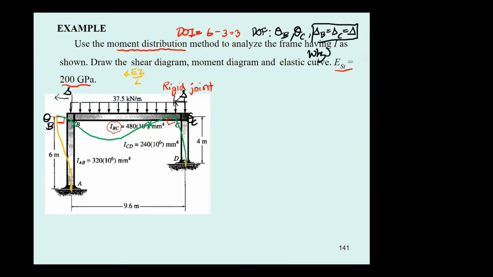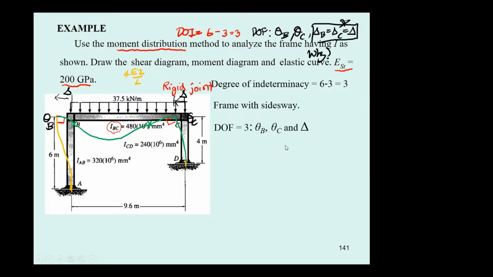Why are they equal? Because the axial deformation of the beam and the column in this analysis is very small. When it's very small, they are equal. So we have the degree of indeterminacy like this, the frame with sidesway, and the degrees of freedom like this.